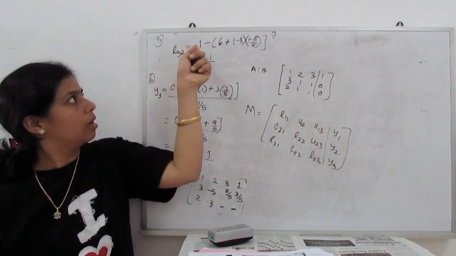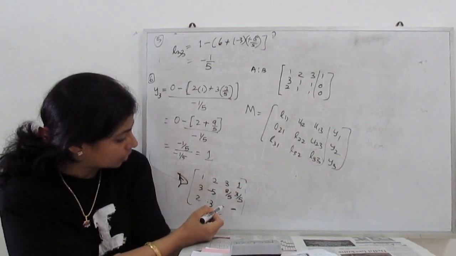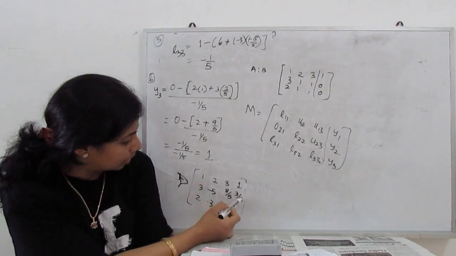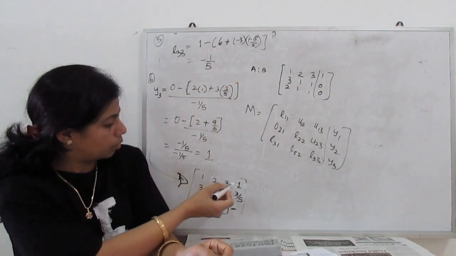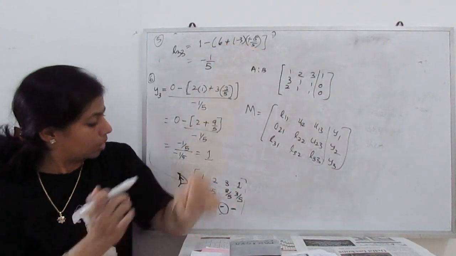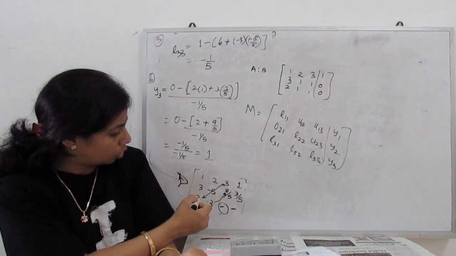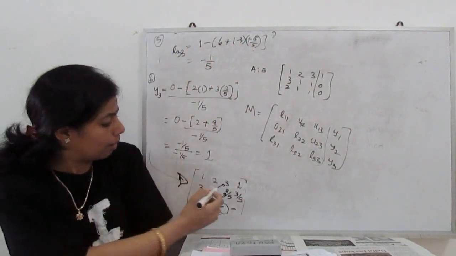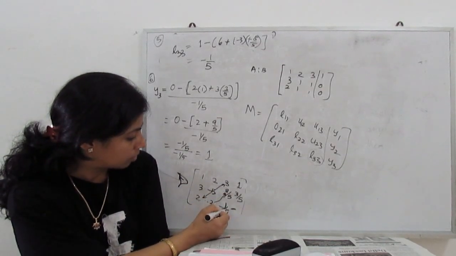A33 is 1 minus this times this plus this times this. So 6 plus 3 twos are 6, plus this 3, this 2 and this 2. So 2 threes are 6 plus this. Our next element L33 is minus 1 by 5. So I substitute here minus 1 by 5.